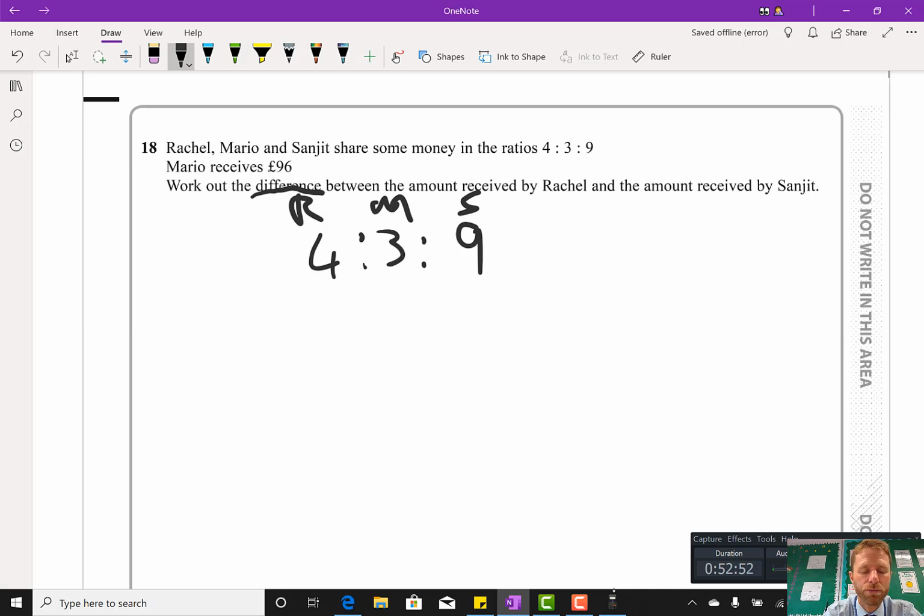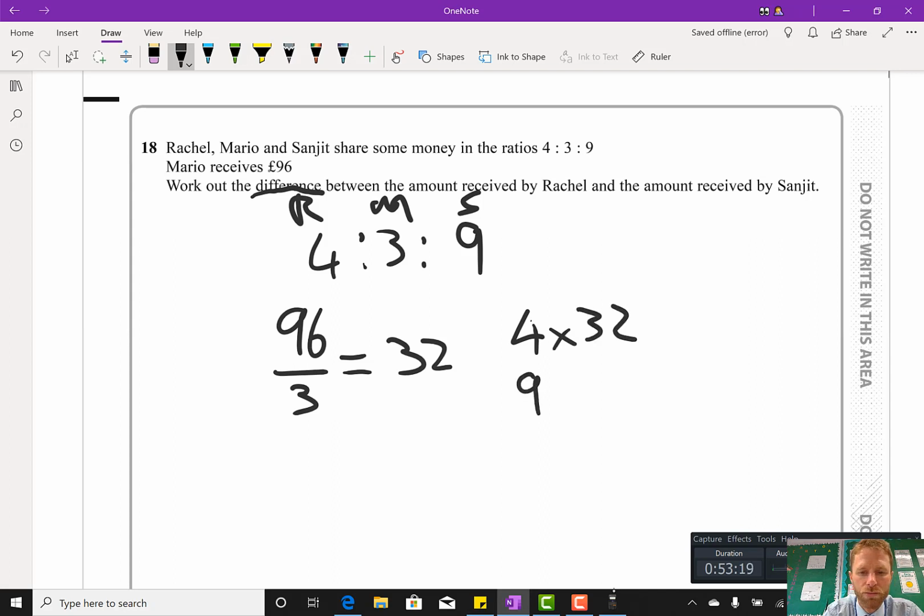So 96 divided by 3 is going to tell me how much one part is. 96 divided by 3 is 32. So one part of this money is £32. I know that Rachel receives 4 parts, so she receives 4 multiplied by 32. And I know that Sanjit receives 9 parts, so receives 9 multiplied by 32.